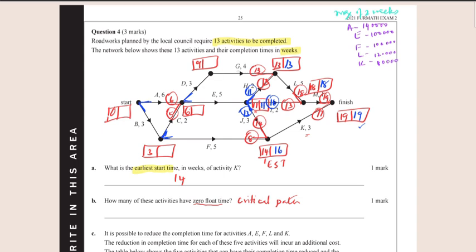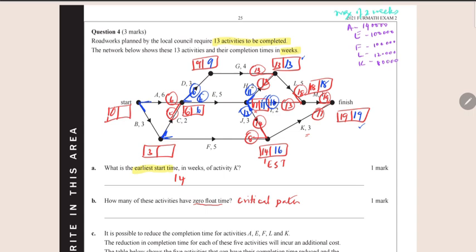Now we go along G, 13 take away 4 is 9, and then along D, 9 take away 3 is 6. Coming back along E, 11 take away 5 is 6 also. And so the choice is 6.